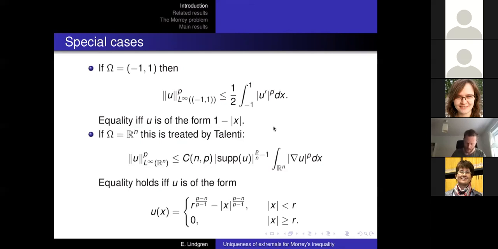So basically, if omega is just the unit ball, then extremals will just be 1 minus |x| to this power, (p minus n) over (p minus 1), in the ball and 0 outside.